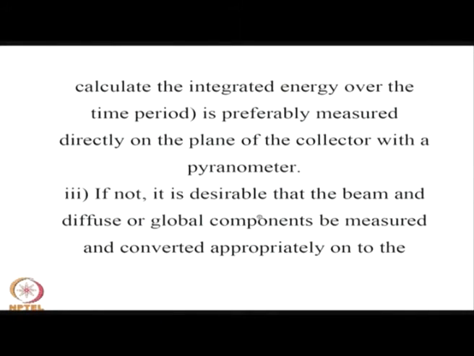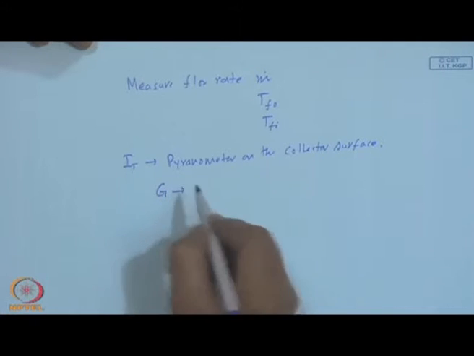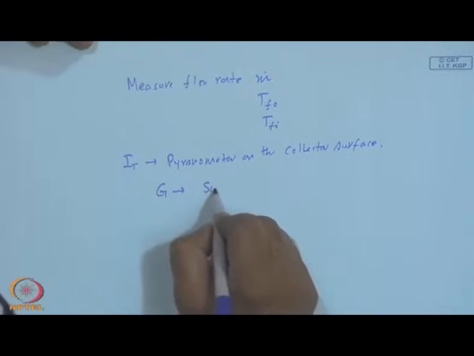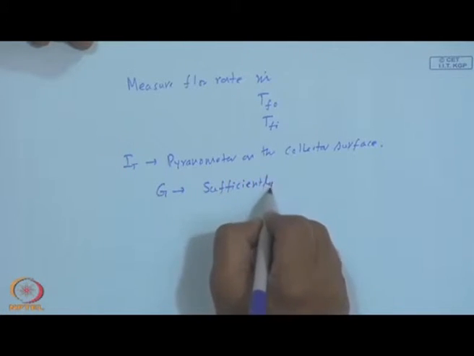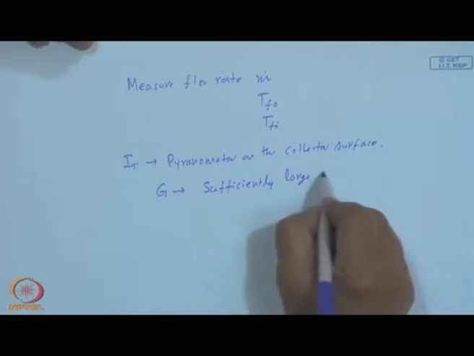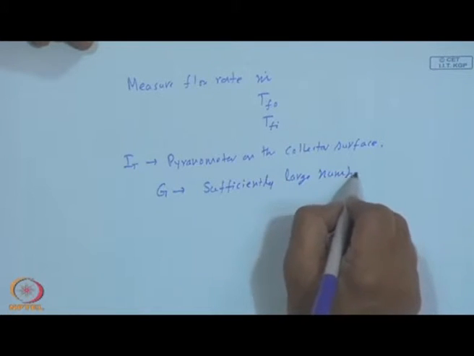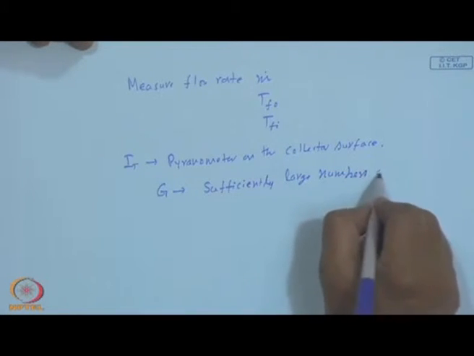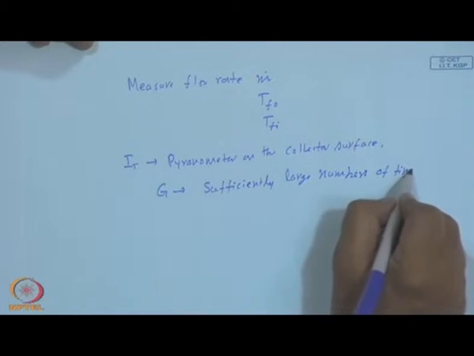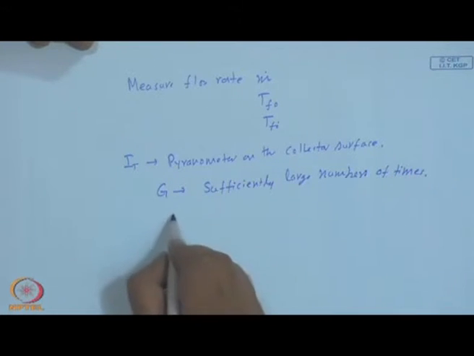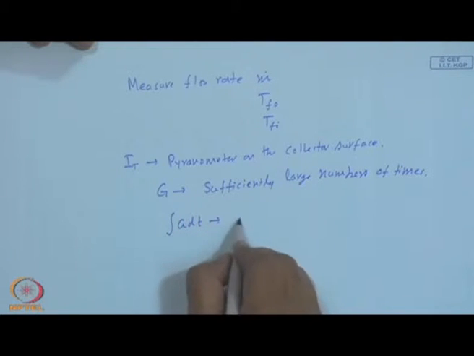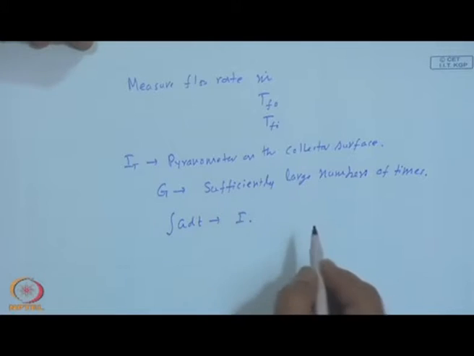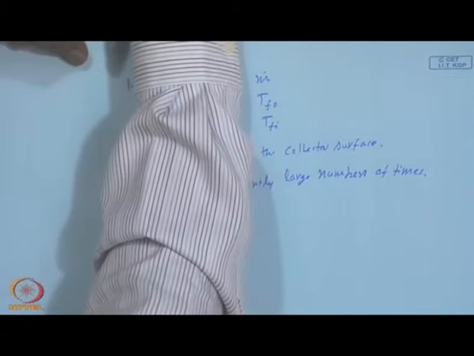Or if you measure G, then a sufficiently large number of times, so that you have a meaningful integral G dt equal to I. And if you convert this into I_T, there will be certain uncertainties.